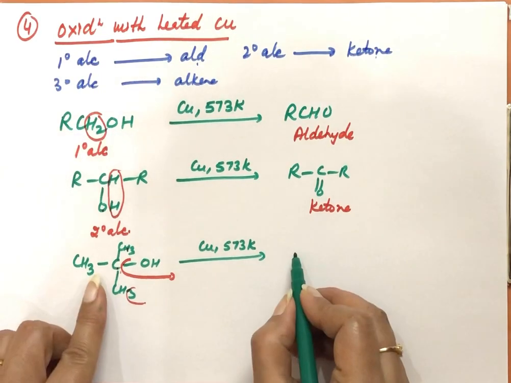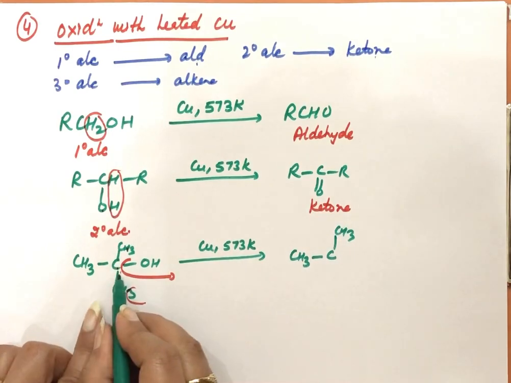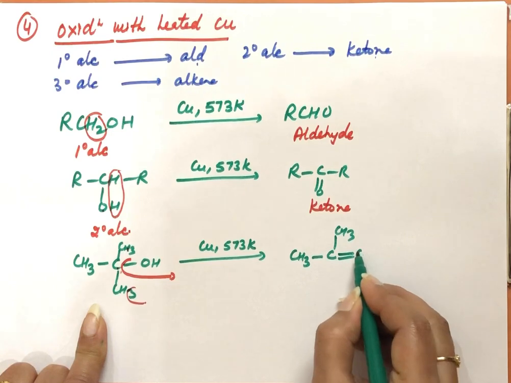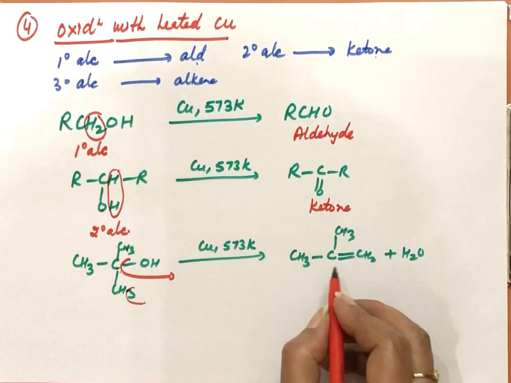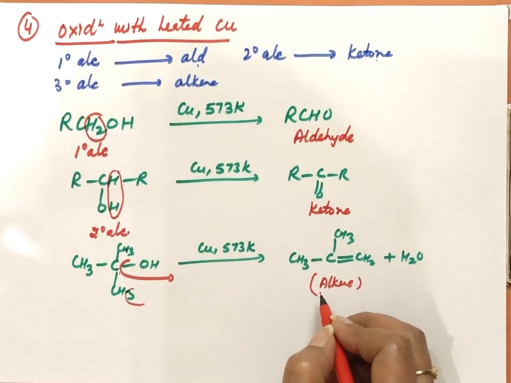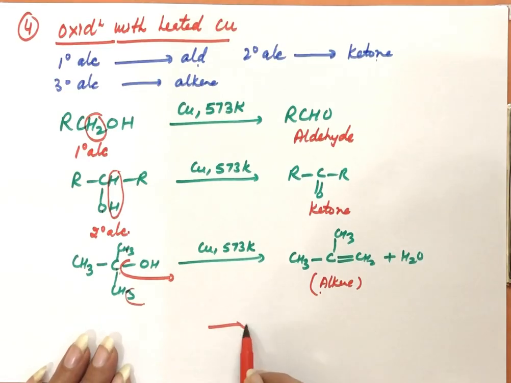So this becomes CH3, next is CH3, and between these two carbons there's a double bond, and this is CH2, with removal of water. So here our product is actually an alkene. Alkenes will form. So these are the chemical properties of alcohols that we have covered.